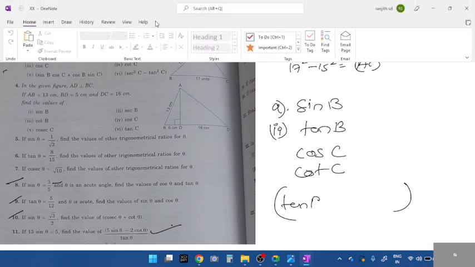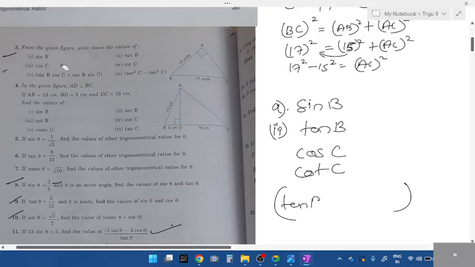Copy the question. Write the same question. It is the third one.